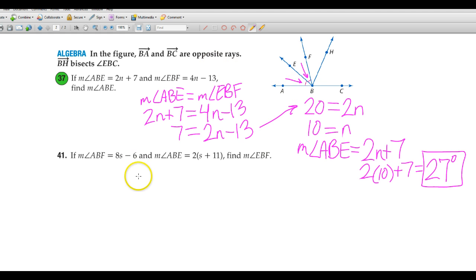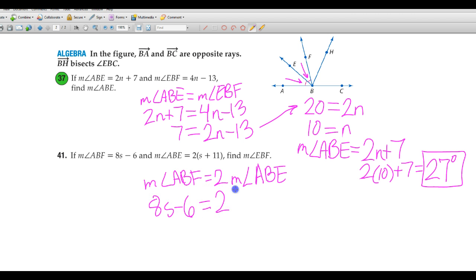So basically what I'm saying is the measure of angle ABF is equal to 2 times the measure of angle ABE. Okay, now that we have that written, we just substitute in. So 8s minus 6 and ABE, which is 2 parentheses s plus 11. And go ahead and solve. So we'll multiply here.